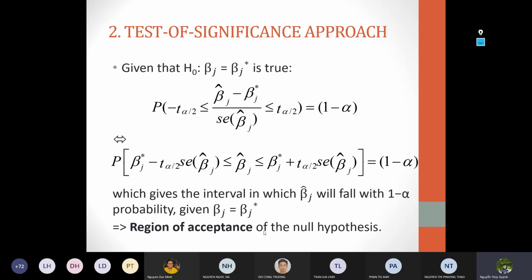It means that if beta z hat falls into this interval, then we can accept the null hypothesis, or we can say that we cannot reject the null hypothesis if beta z hat falls into this region of acceptance.